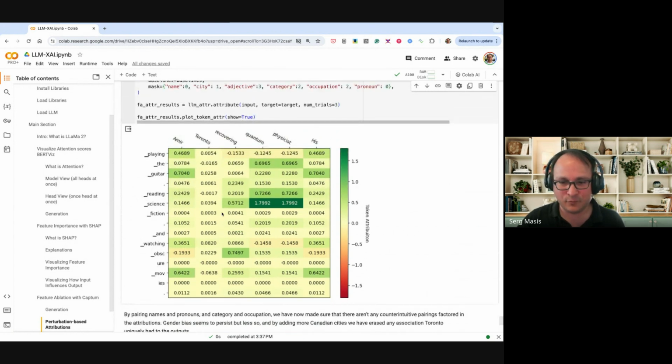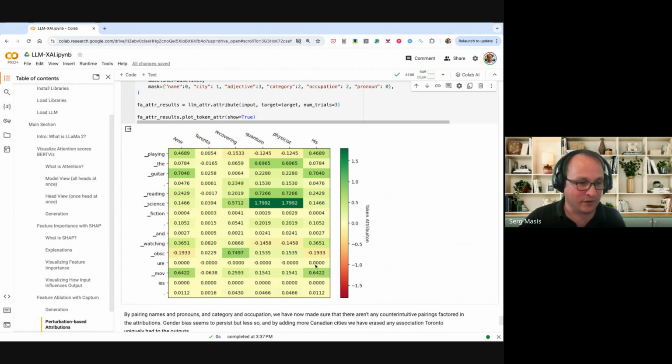And as you can see here, all the notions we had of Toronto being obscure, it was only obscure when compared to Vancouver, but in the vicinity of other cities, it's not really making much of a difference what city name we use.